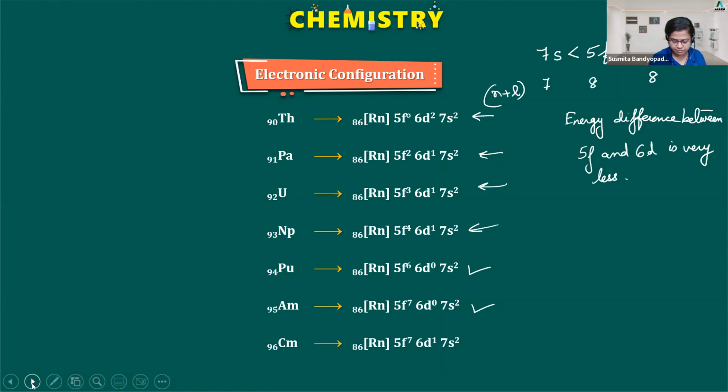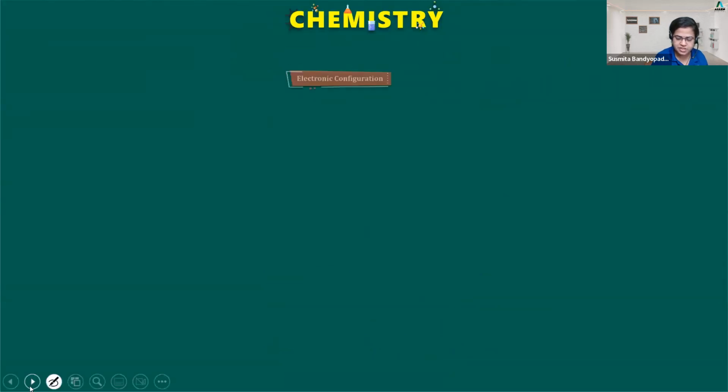Here we understand, because instead of 5f8, it's better to have 7+1, a half-filled configuration, so it's fine. We understand half-filled configuration, but here we don't. A lot of such stuff is seen in actinides.